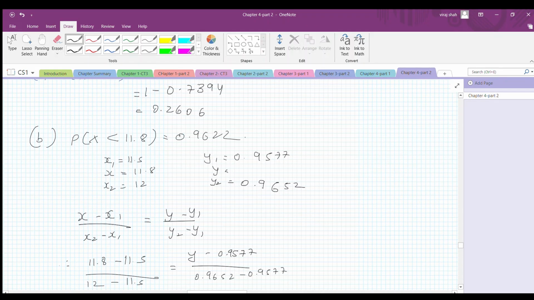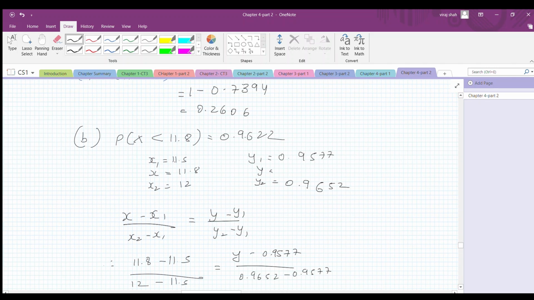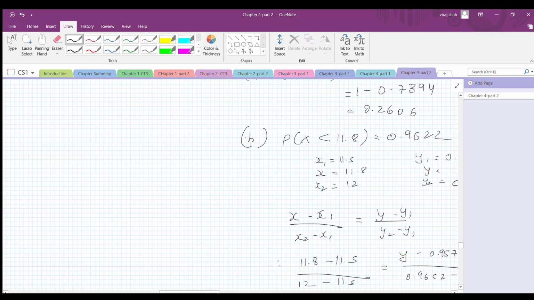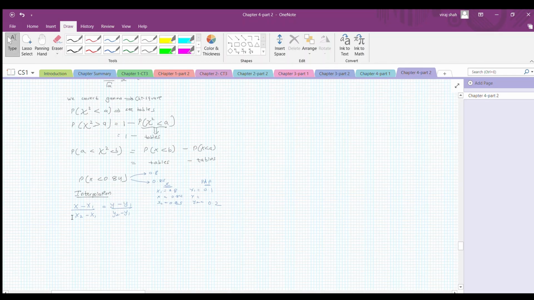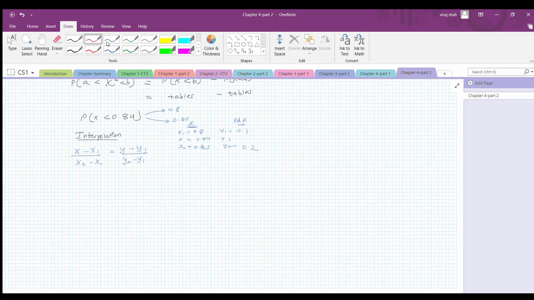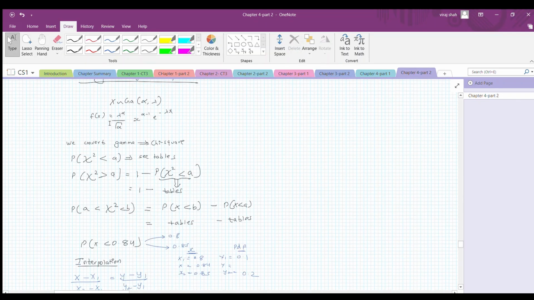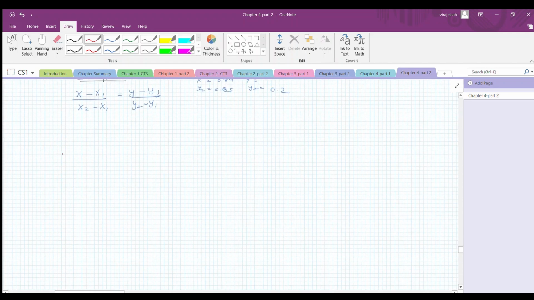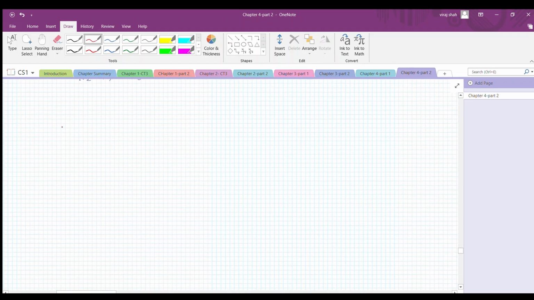0.9622. Okay, we understood the calculation of chi-square. Now let us understand how we'll do gamma distribution. For gamma, as I said earlier, we would convert it into chi-square. So let me write the first step. What is the formula?